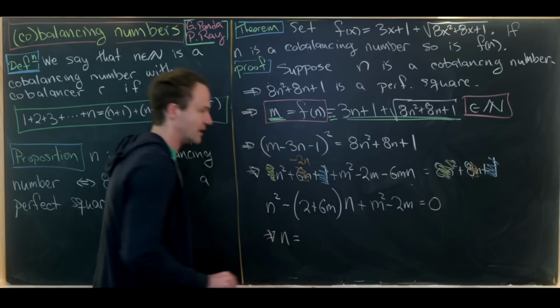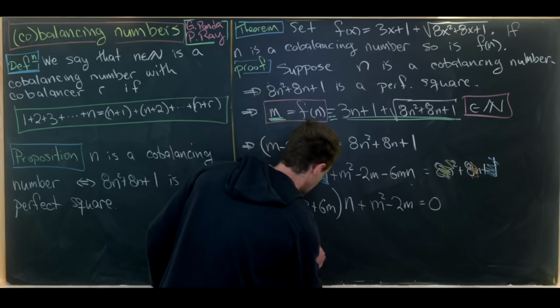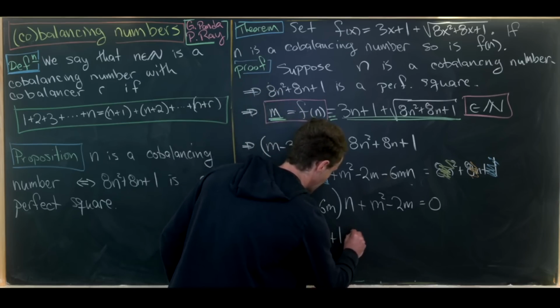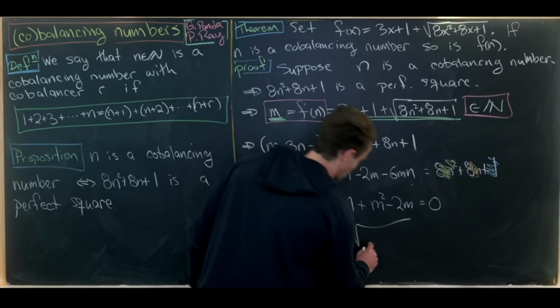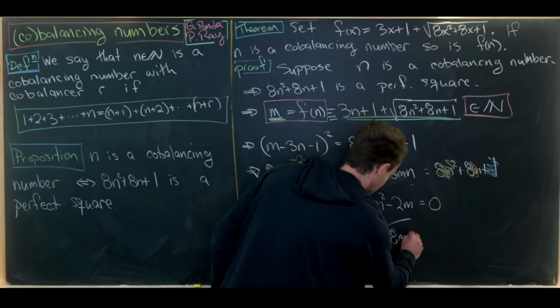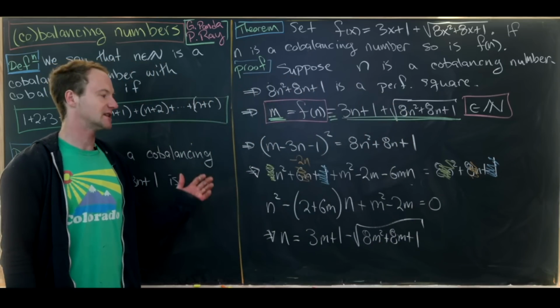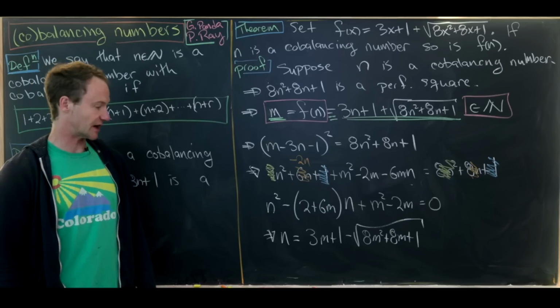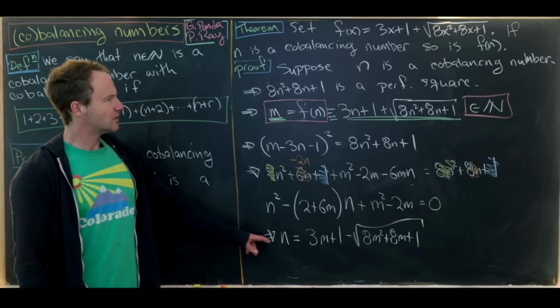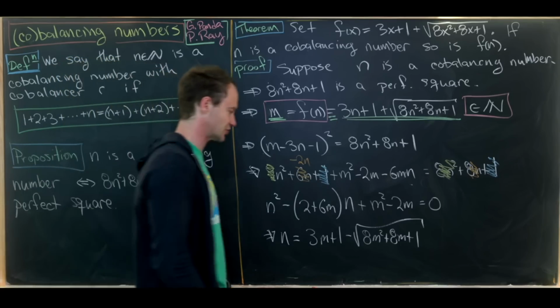And what we'll end up with is something that's quite familiar. And that will be n is equal to 3m plus 1 minus the square root of 8m squared plus 8m plus 1. So I won't go through all those details. Like I said, that's just applying the quadratic formula. But let's recall that since n is a co-balancing number, that means it's a natural number.